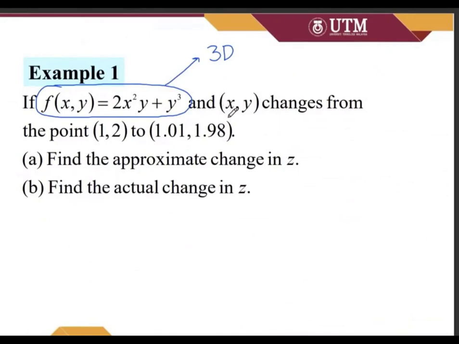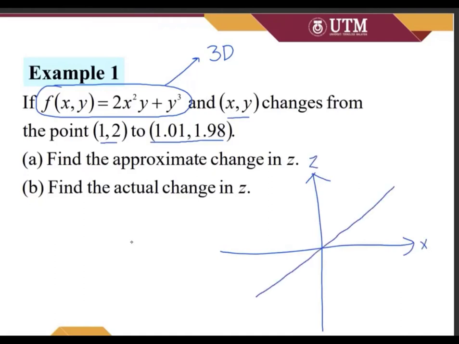The question says x and y change from (1, 2) to (1.01, 1.98). Let's say you have z here, and then x and y, and any 3D shape of 2x squared y plus y cubed.